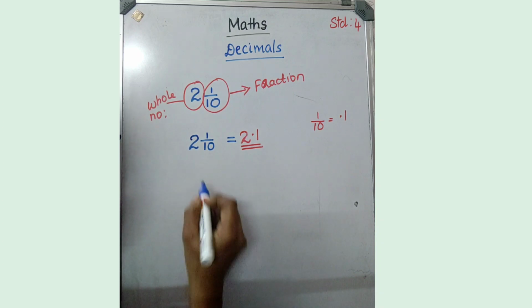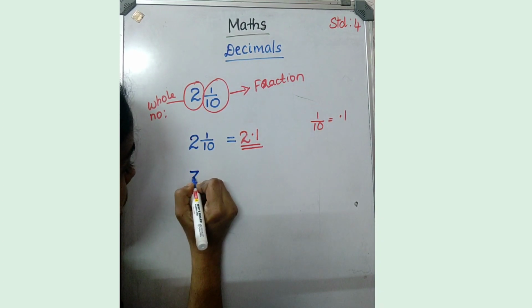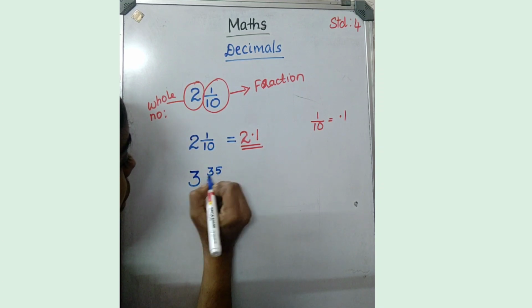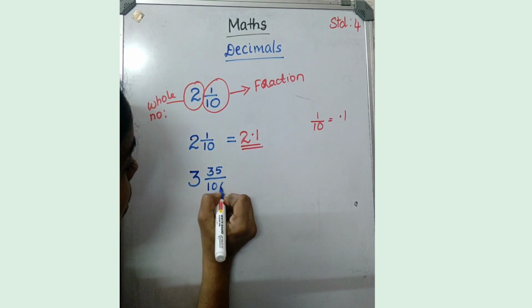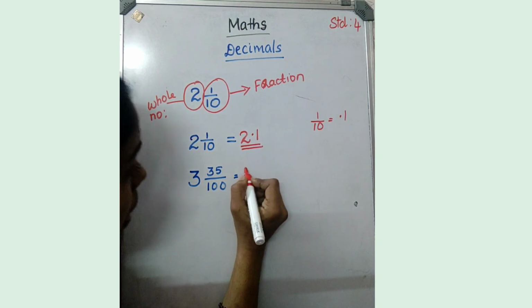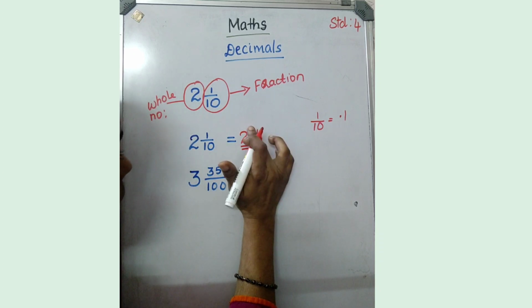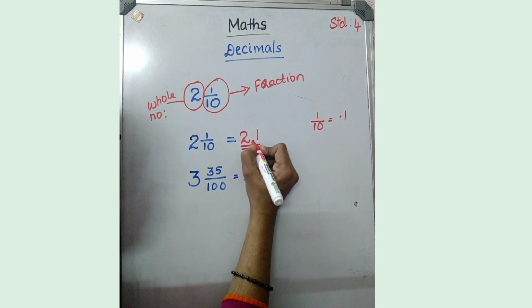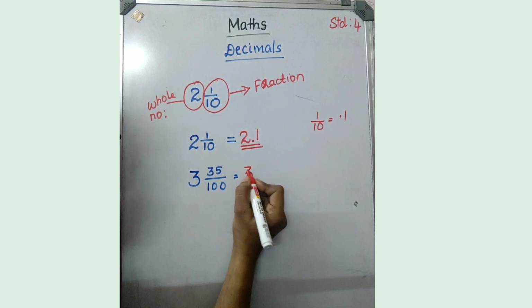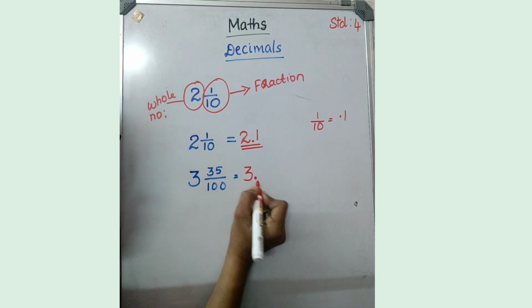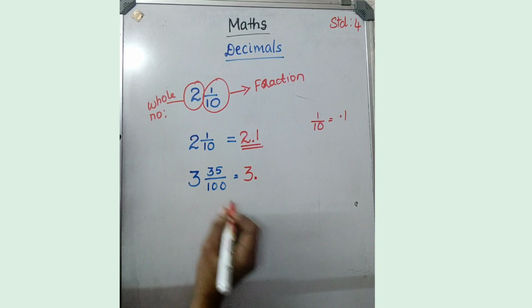Then what will be the decimal number of 3 and 35 by 100? Here the whole number is 3, so we write 3 here. We put the decimal point after it.